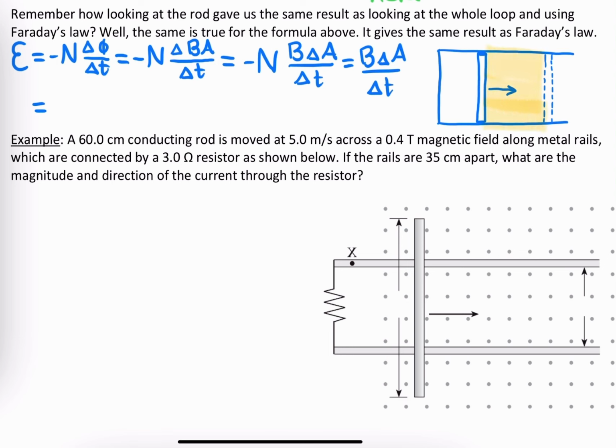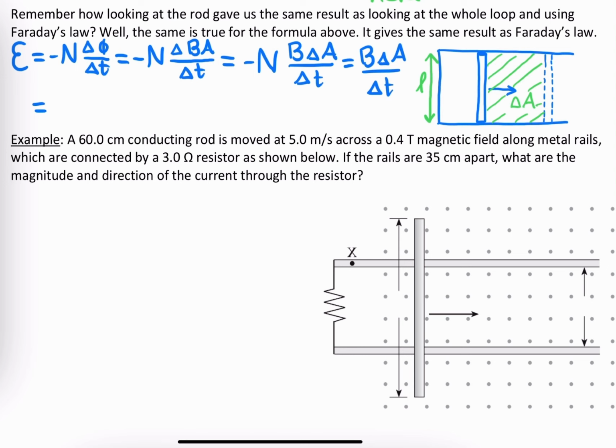That is my delta A. And if we say that these rails are a distance of L apart, so the length from there to there is L, then it turns out we can write delta A in a kind of succinct way.